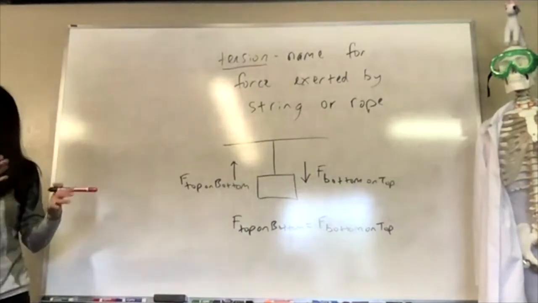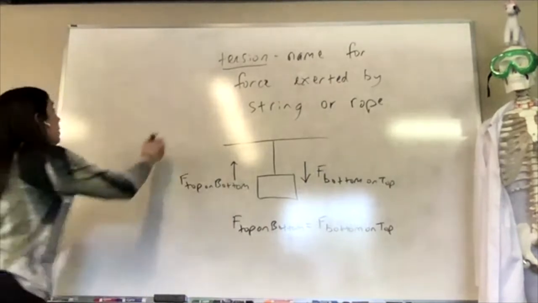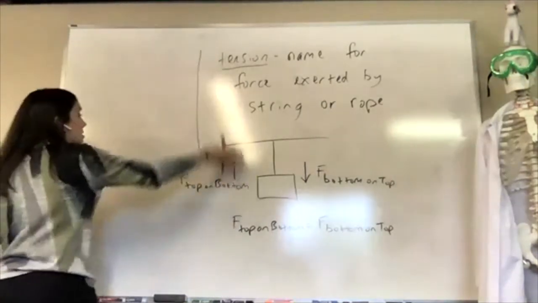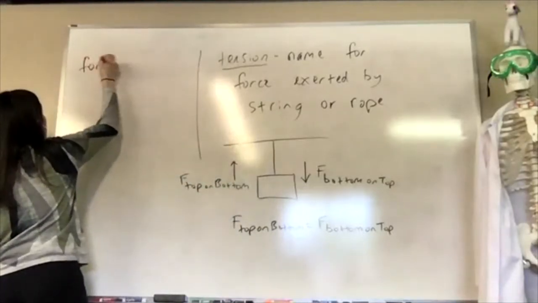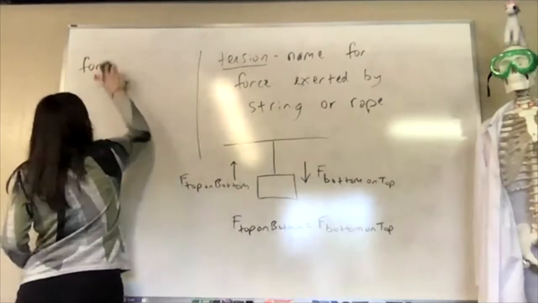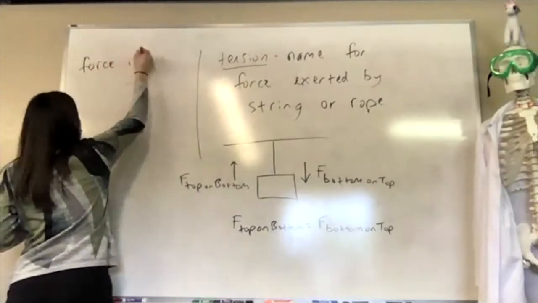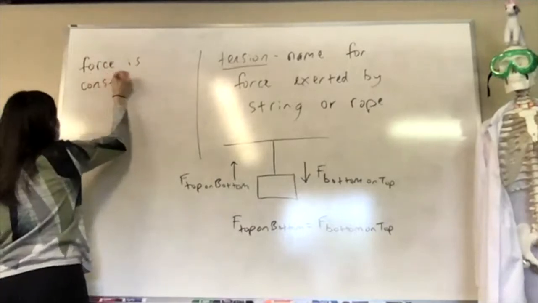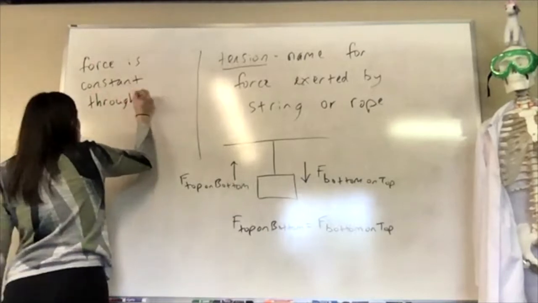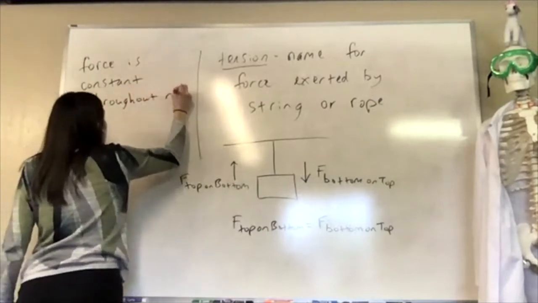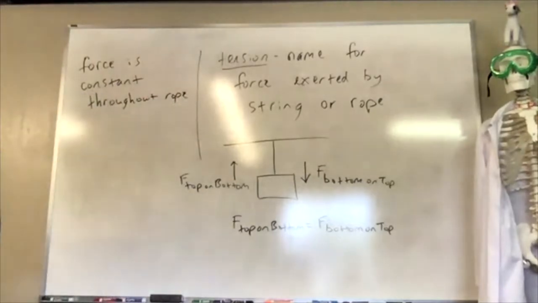Because again, if the rope's not moving, then the forces have to be balanced throughout the rope. So force is constant throughout the rope, as long as the rope is not moving.